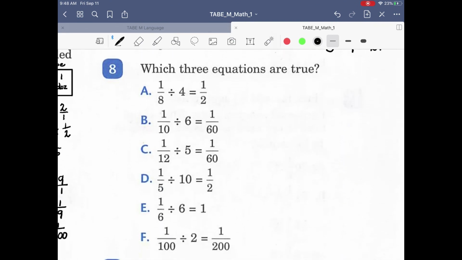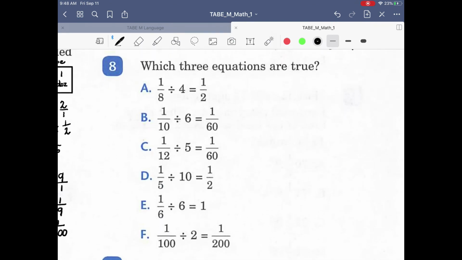Number 8, which 3 equations are true? So we need to come up with 3 answers on this one. A says that 1/8 divided by 4/1 is a half. So let's see.